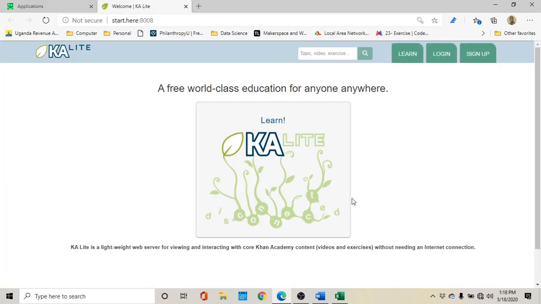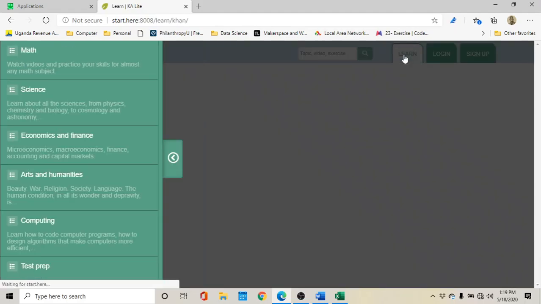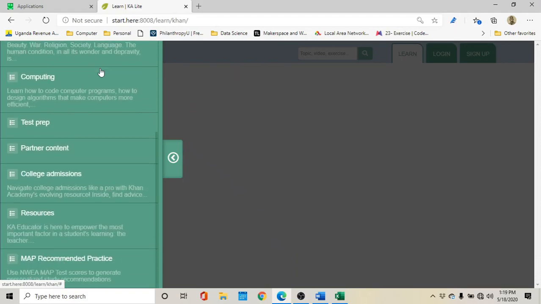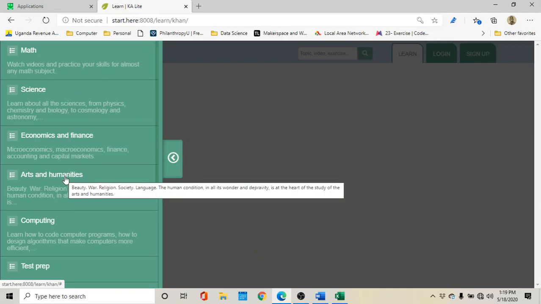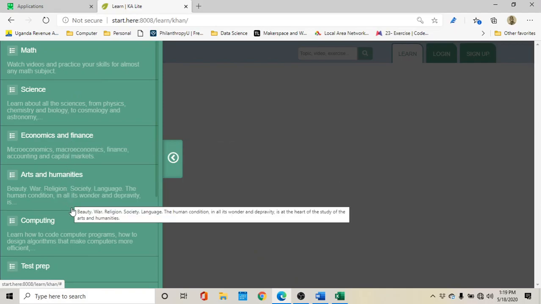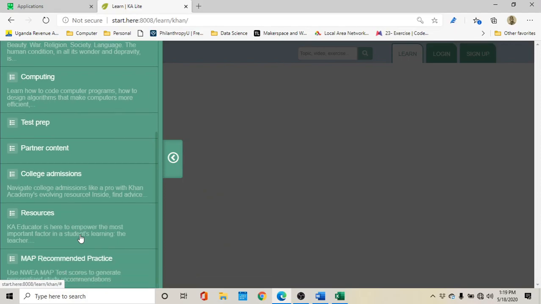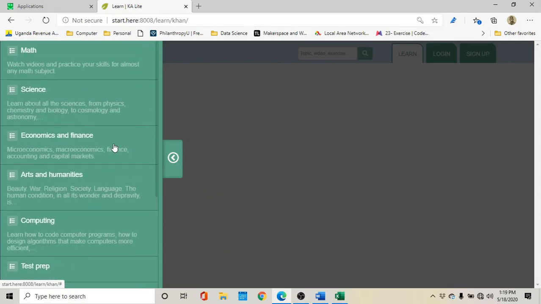It will take you to the Khan Academy Lite page, and then these tabs, these navigations, you can search your topic you're looking for there straight, or you can come to learn, and then it will give you a list of subjects that you can learn: math, science, economics and finance, arts and humanity, computing, and very many others.